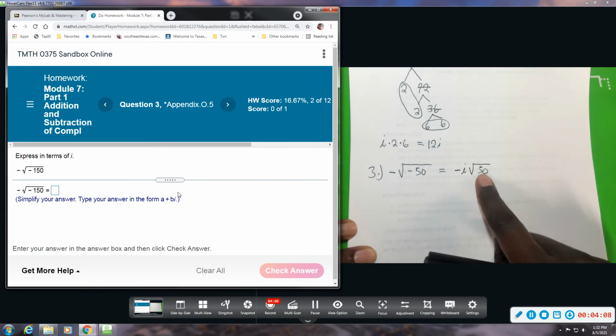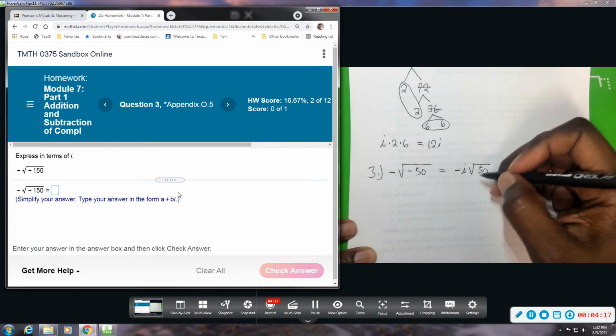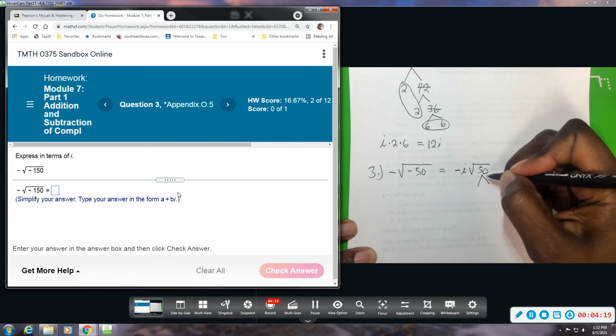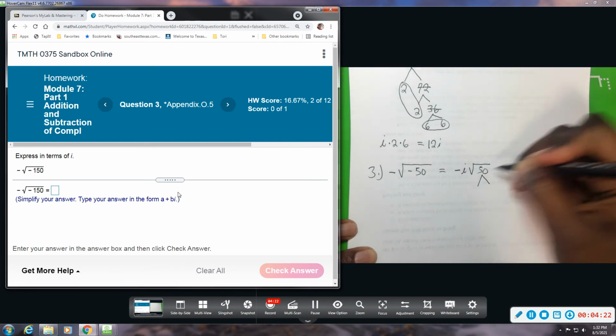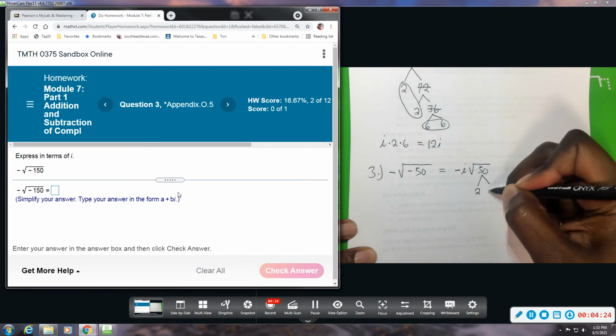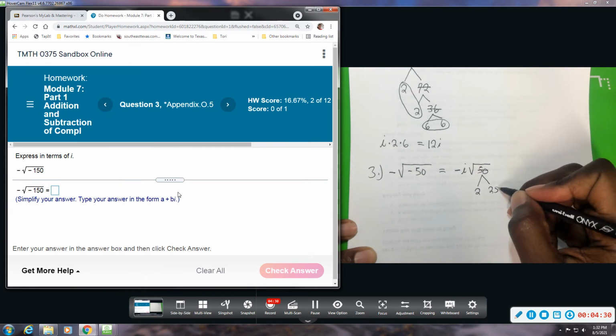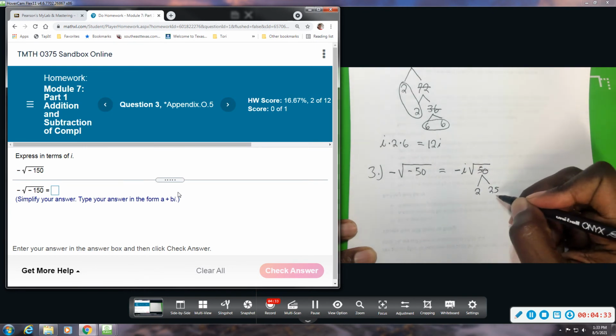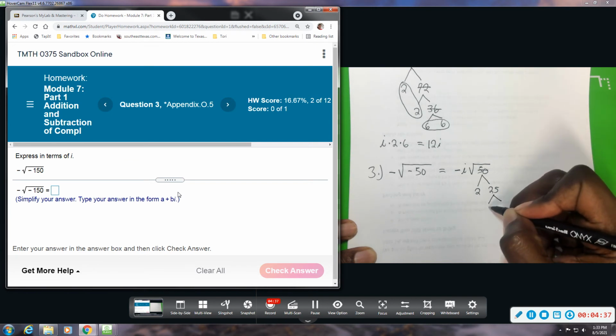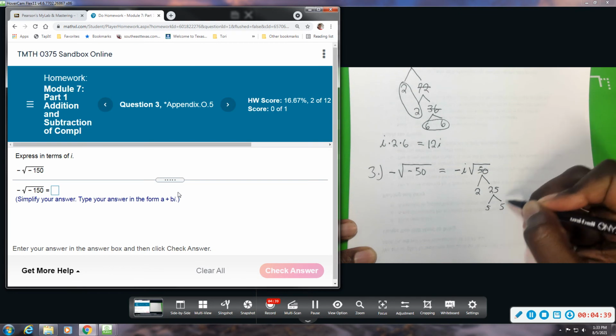All right, so here 50 is not a perfect square, but I'm going to use the method we just used on problem 2 to reduce this radical. So I'm going to divide by 2 because it's even. So I'm going to say 2 times 25. Okay, and then 2 is prime, so I will leave it. 25 is not. I can divide this by 5. Okay, so that will break down to 5 times 5.